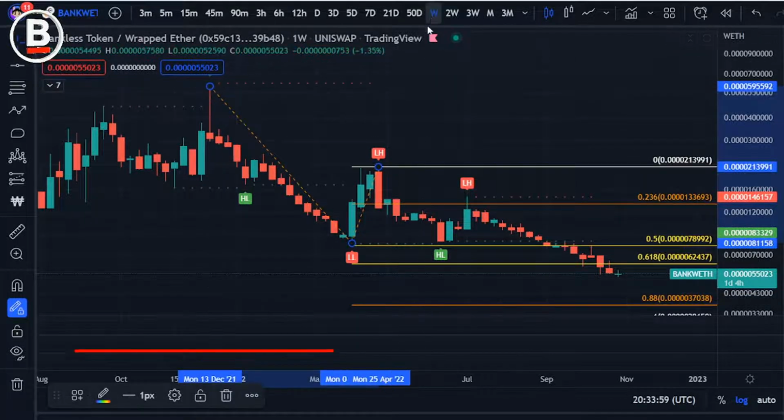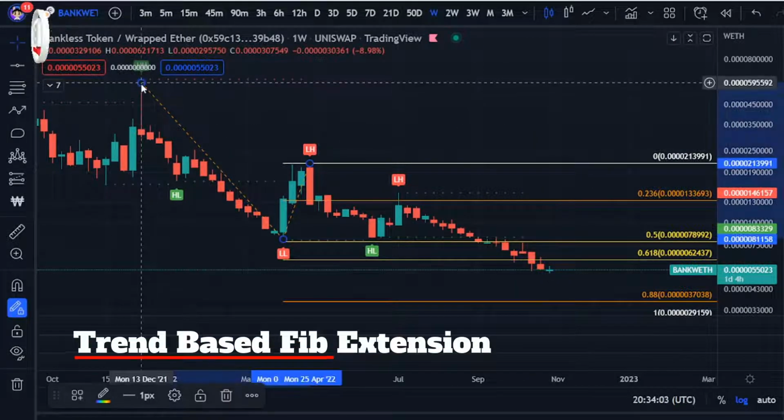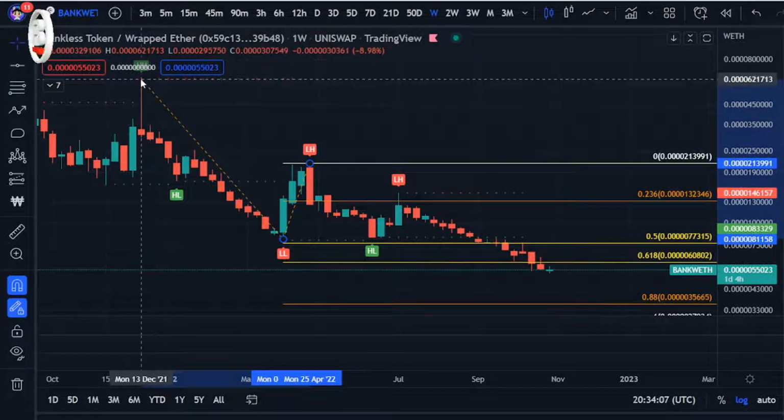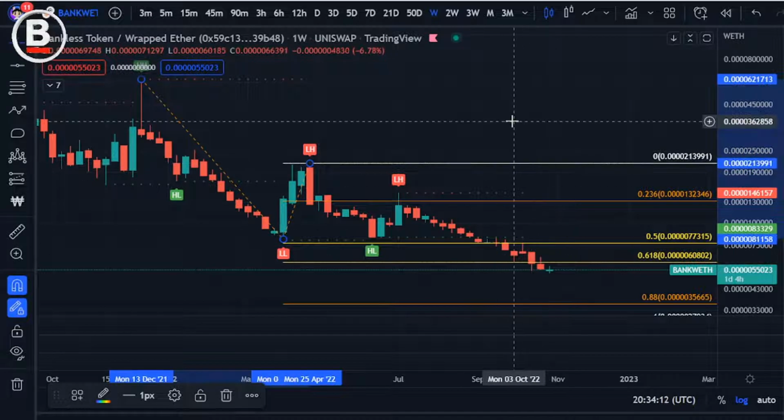Again, now we are on the weekly time scale. And what this does, similar to the fib retracement, the fib retracement measures percentages related to 2 points.